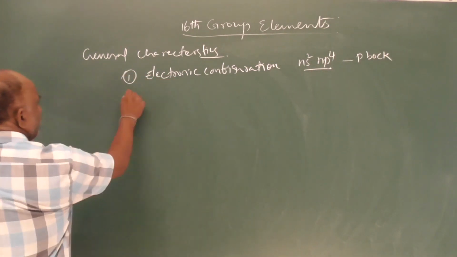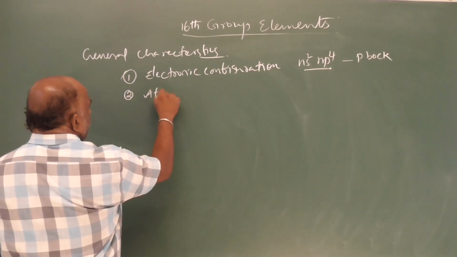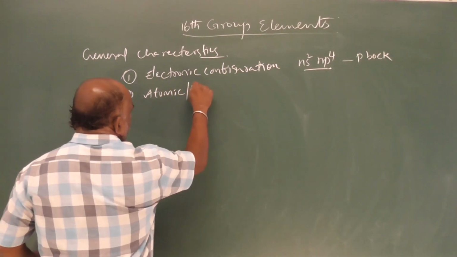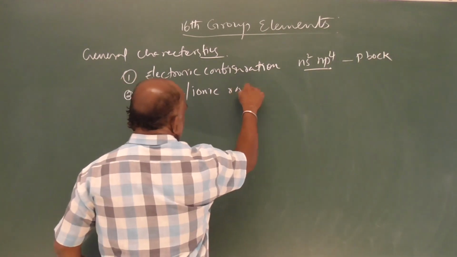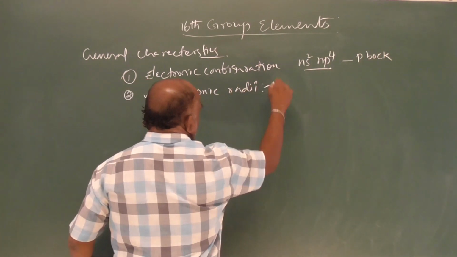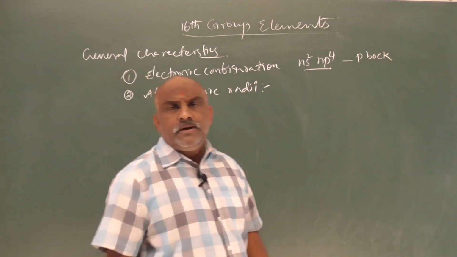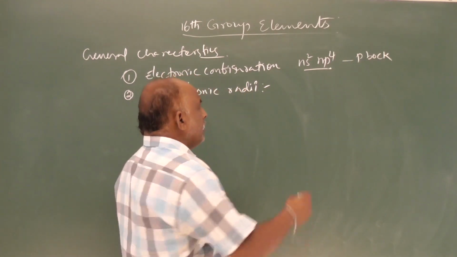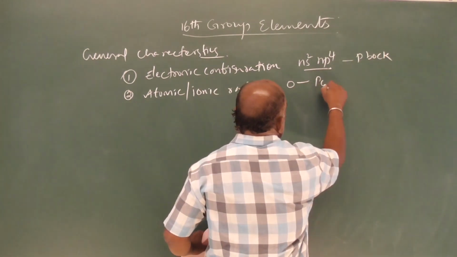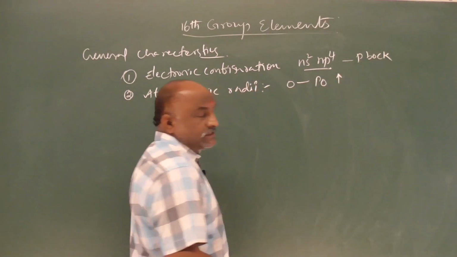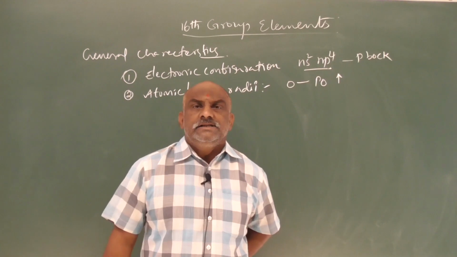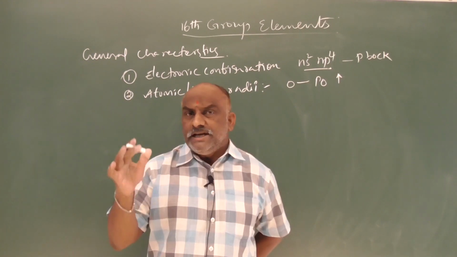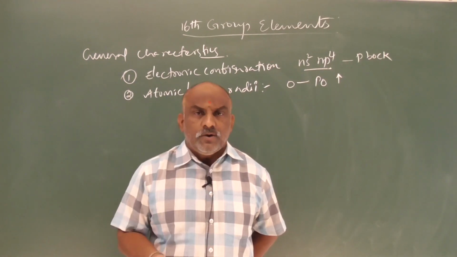And second one, atomic radii, ionic radii. Already we know that atomic radii and ionic radii increase down the group, from oxygen to polonium. Why does it increase? Because the differentiating electron enters into a new principal quantum number.